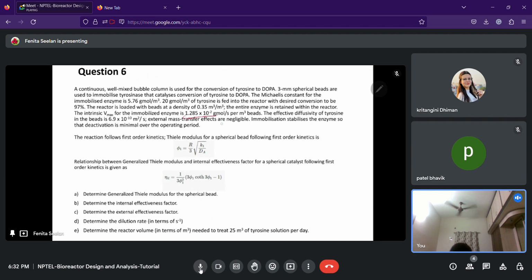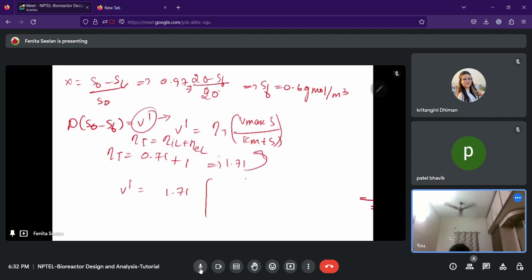Vmax is 1.285 into 10 power minus 2, Km is 5.76, and the S value we just found as 0.6. So 1.285 into 10 power minus 2 into 0.6 divided by 5.76 plus 0.6. So what would be the answer?